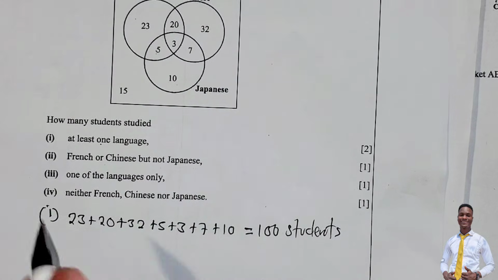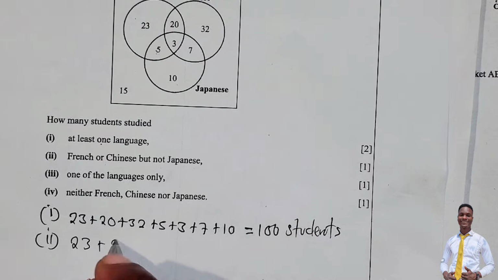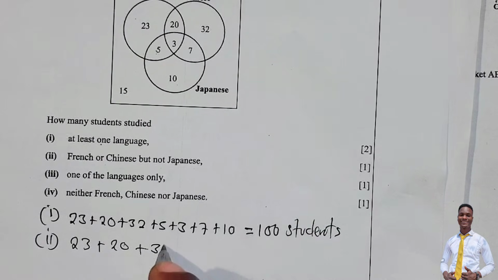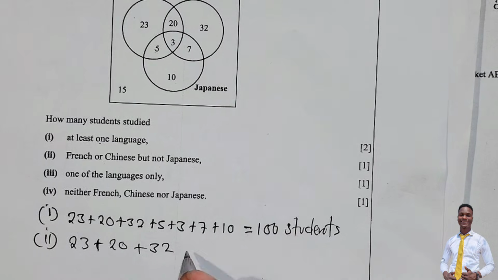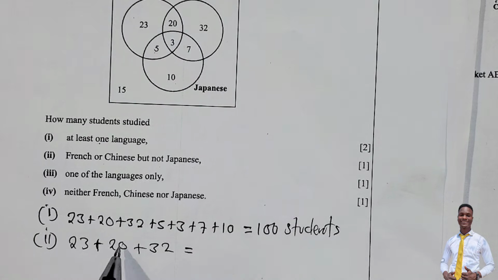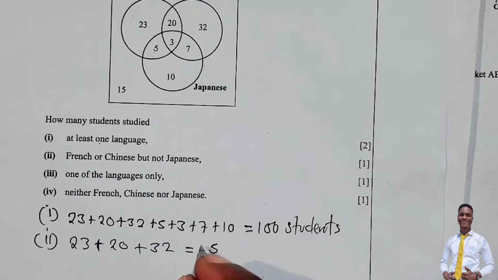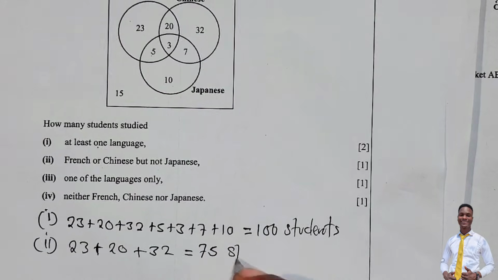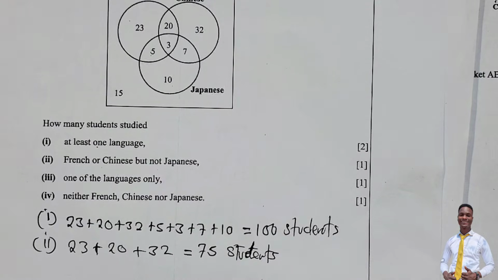So we're going to say 23 plus 20 plus 32, so add these 2 plus 0 plus 3. This is 5, 3 plus 2 is 5, plus 2 is 7. So you have 75 students.